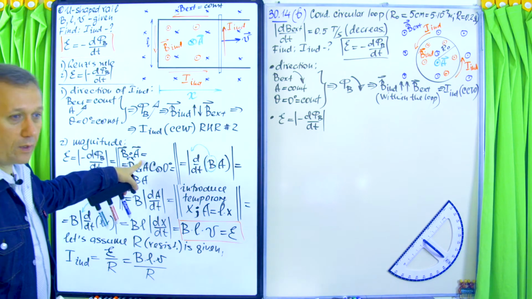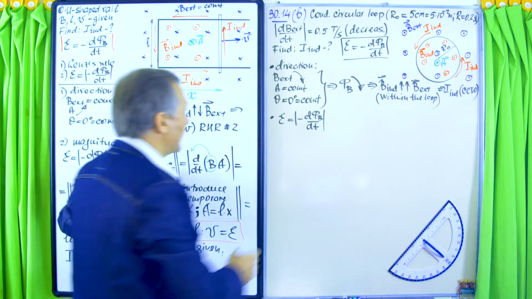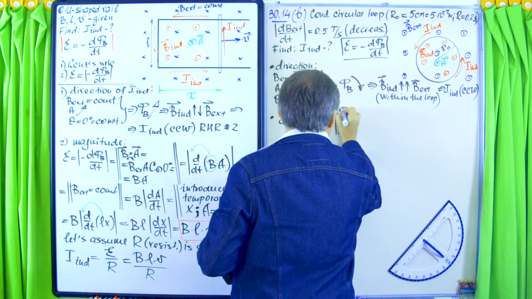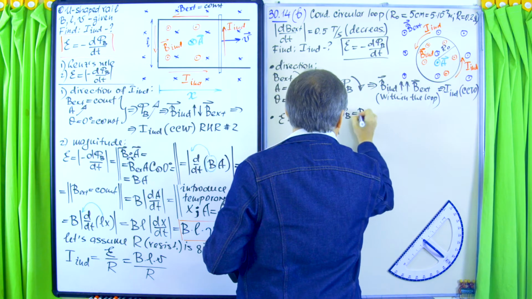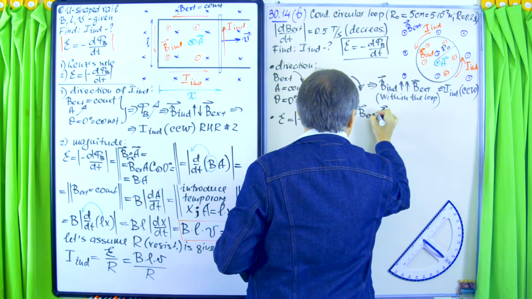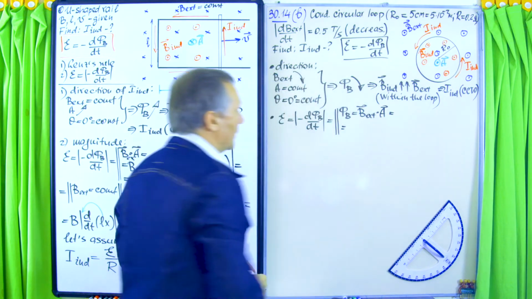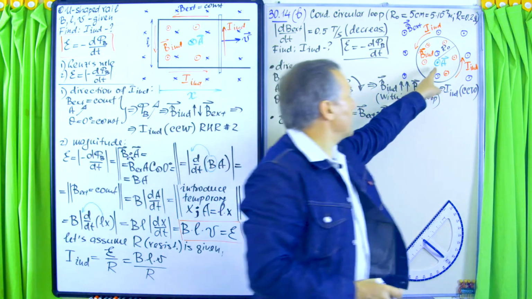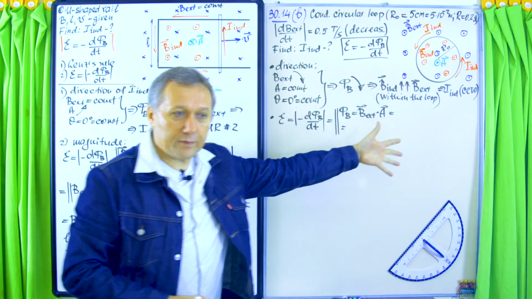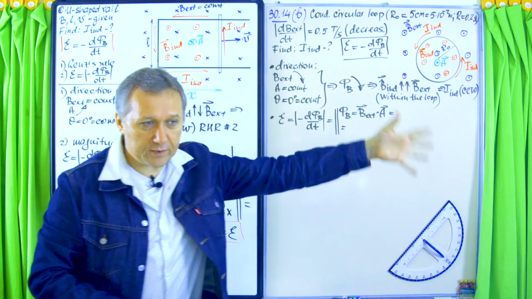So first of all, let's write explicitly the magnetic flux. Expression for the magnetic flux, again, my explanation box. Magnetic flux equals, again, B external dotted with A. Since I pick the area vector and the angle is 0 degrees, it will be BA cosine of 0 degrees.